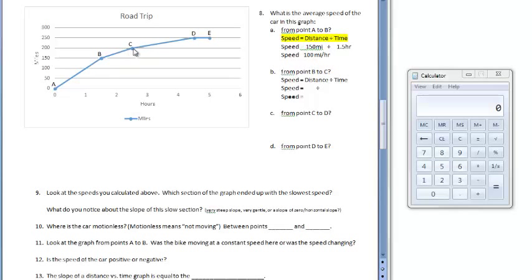When we went up to point C, we get to 200 miles. So the distance between point B and point C would be the same as the difference between 150 miles and 200 miles. What is the difference between this? How much did we rise from 150 up to 200?